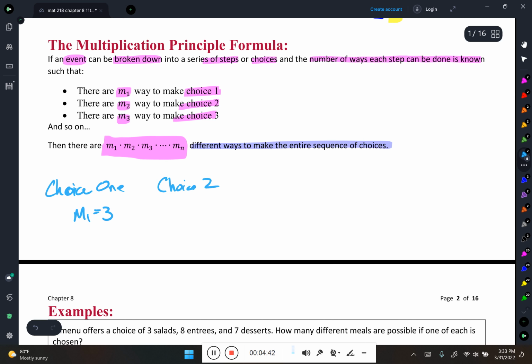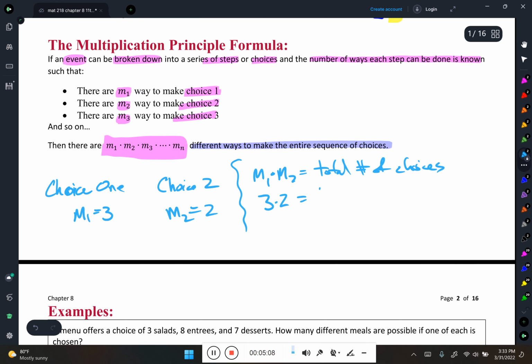And then the multiplication principle says that M1 times M2 is going to be the total number of choices here. We would have 3 times 2. Oh, oops, I got ahead of myself there. I've given away the answers. We get 3 times 2, which would give us 6, and that will be our total number of choices.